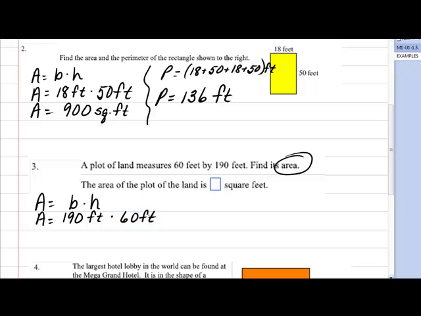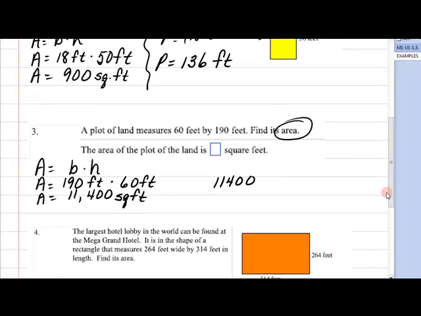Using my calculator, the area is 11,400 square feet. If you're putting this answer in MyMathLab, you will not use the comma. Although it is nice for readability, it is not included in MyMathLab.